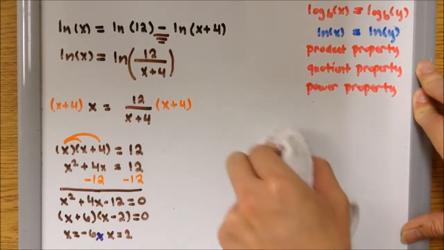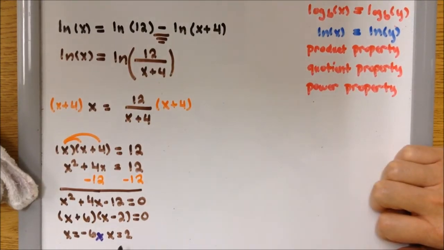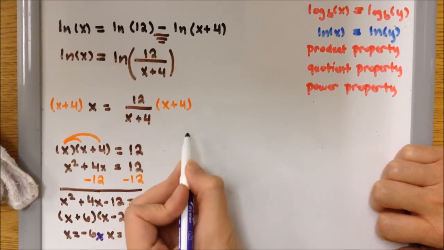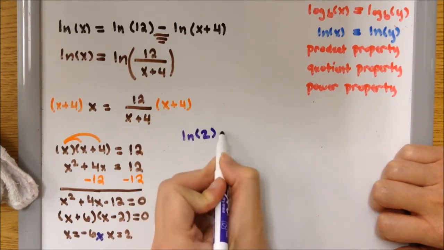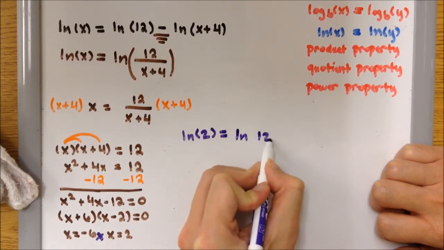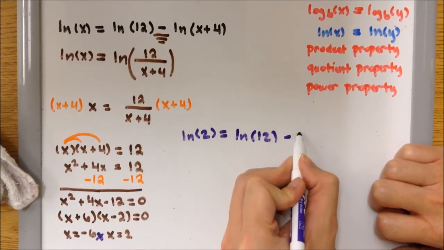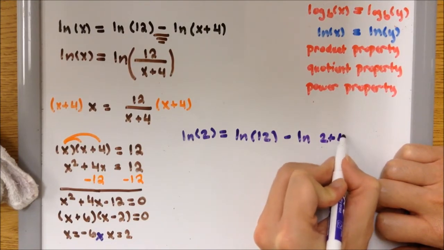Now we're going to test out x equals 2. Alright. So again, plug in x equals 2 into all the x's. So natural log of 2 equals natural log of 12 minus natural log of 2 plus 4.